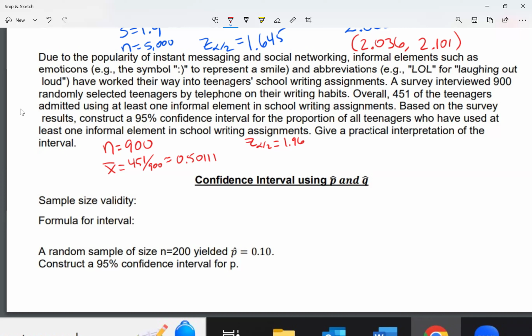Okay, so I know I need my n, I need the X crossbar, I need my C-score, and it would be nice if I knew my standard deviation, but I don't. I don't have a standard deviation here. So there is another way to do this when we don't have one of these values.